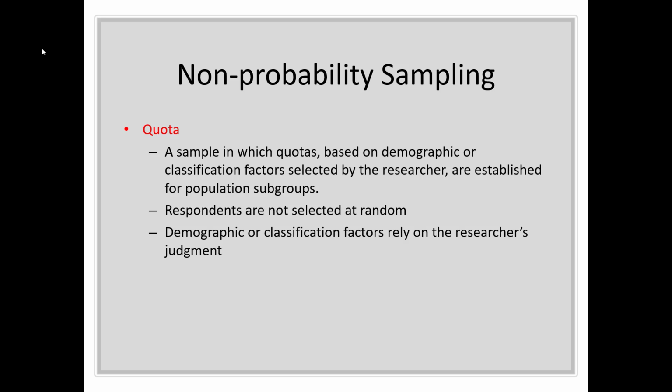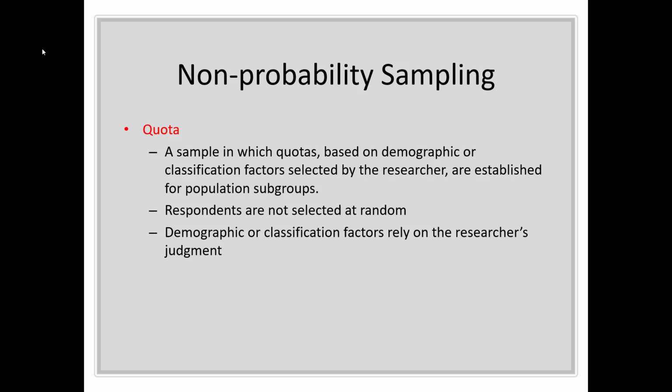So let's say 22% Asian students, and about 22% white students. Basically, we preset the numbers to make sure those respondents are somewhat representative of the population.